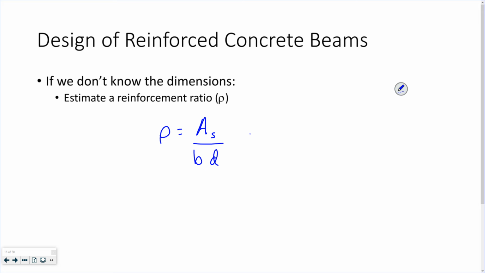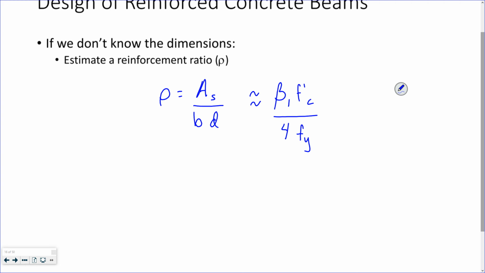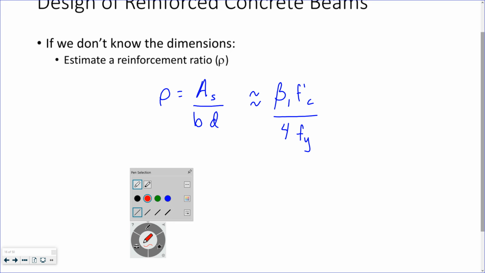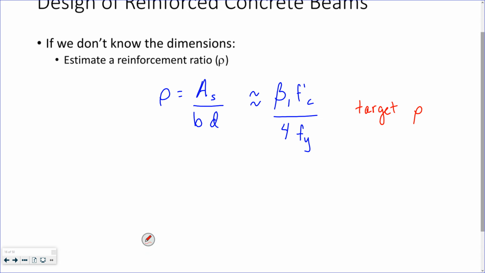We're going to say let's have a reinforcement ratio about equal to beta 1 f'c over Fy. This is going to be our target reinforcement ratio. And I wrote that in red because target is awesome.